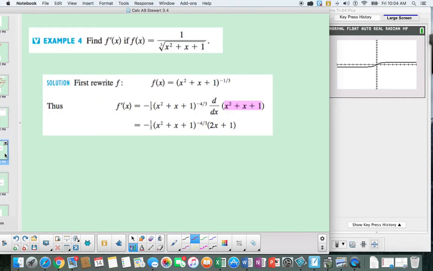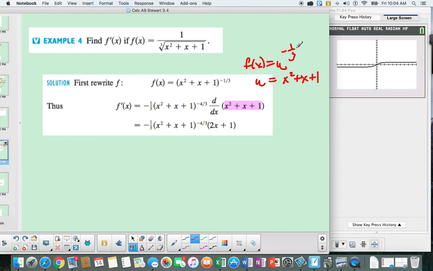All right, let's take a look at this function and see how they go about doing it and make sure we understand what's going on. So let's rewrite this as a power rule. My outer function is f of x equals u to the negative 1/3 power, and then my inner function u is going to be this x squared plus x plus 1.